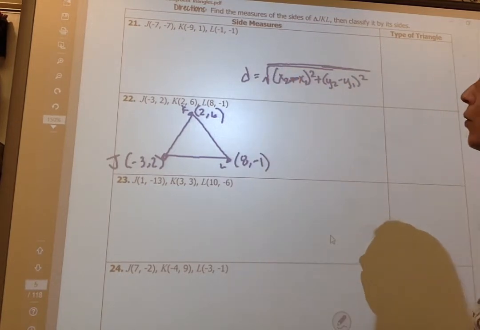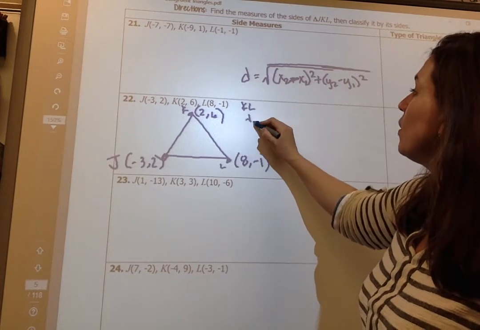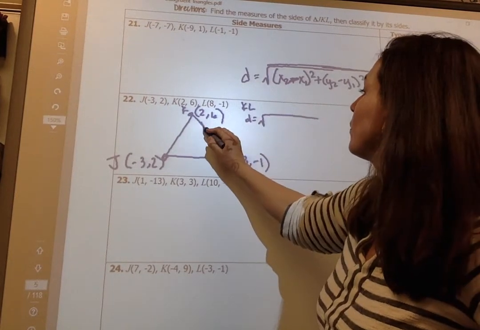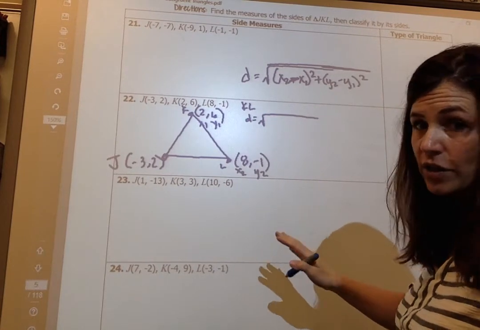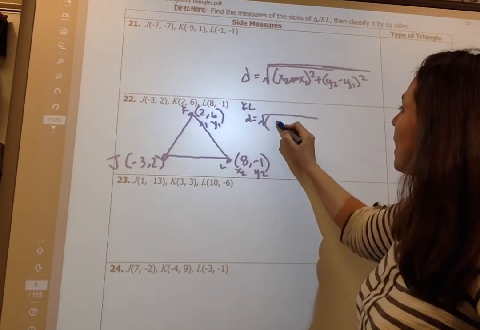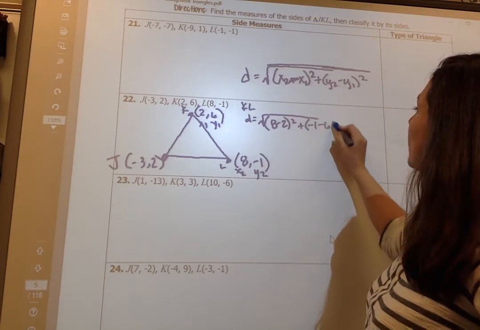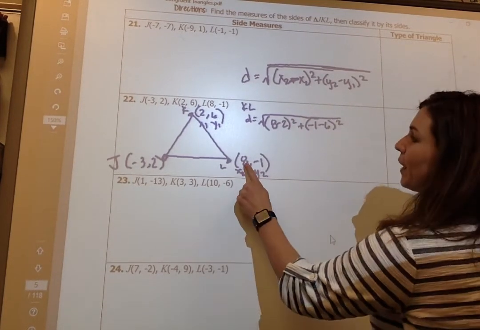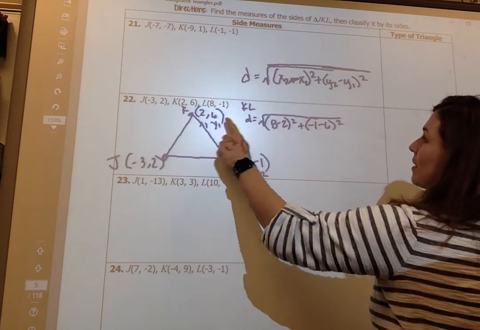So I will walk you through this one. So first I'm going to find the distance of KL. So the distance equals, and I'm going to call this one x1, y1, x2, y2, so I don't get lost in translation. So I'm going to say 8 minus 2 squared plus -1 minus 6 squared. You see where I got that? 8 minus 2 squared plus -1 minus 6 squared.